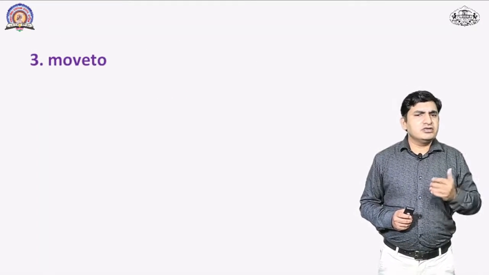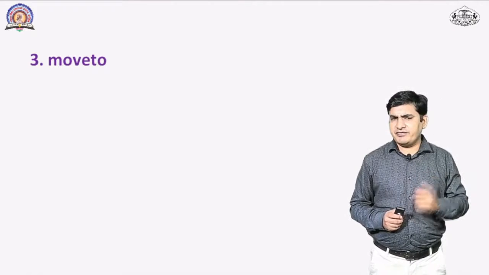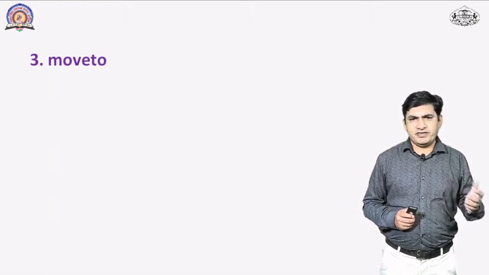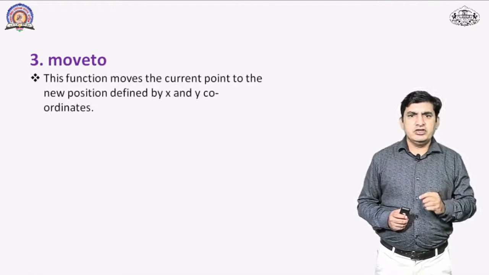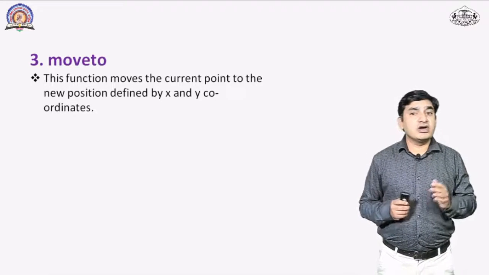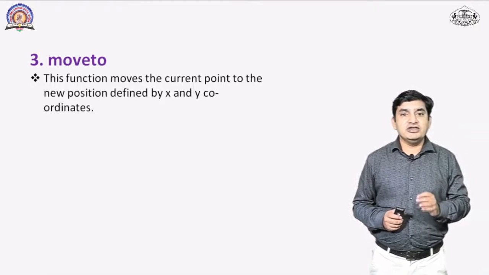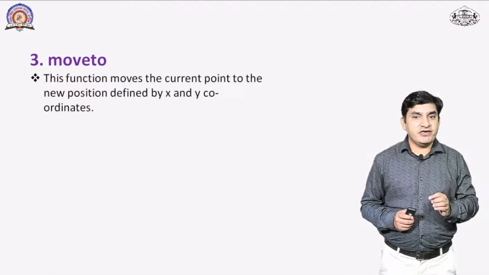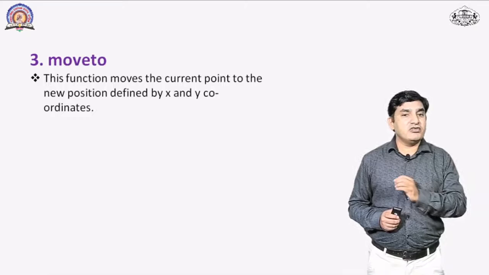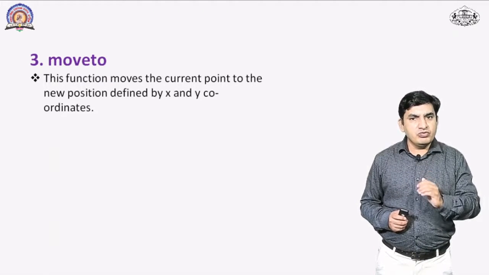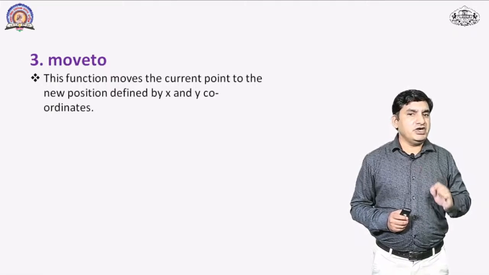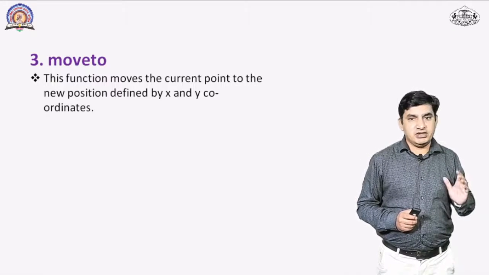Then the third graphics function, or graphics command, is moveto. This function moves the current point to the new position defined by x and y coordinates. So, here it moves from the current point to the new point.